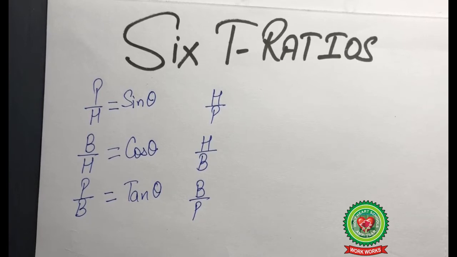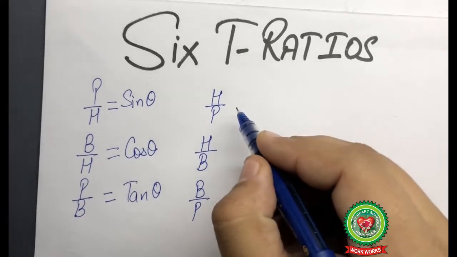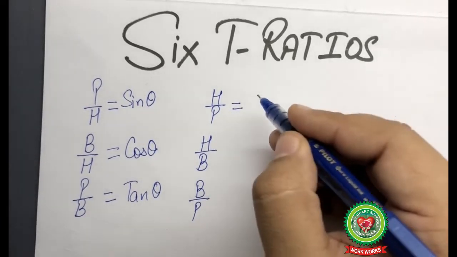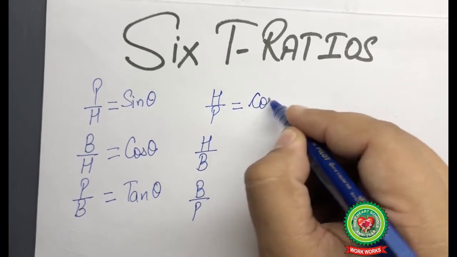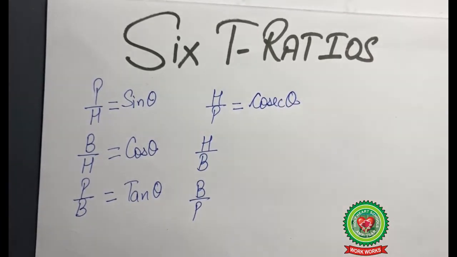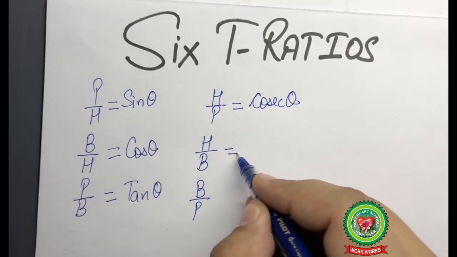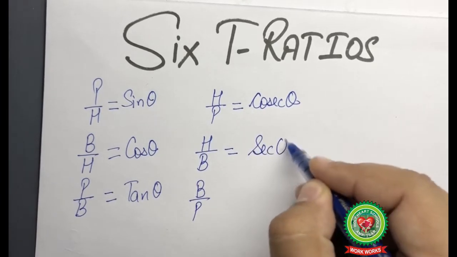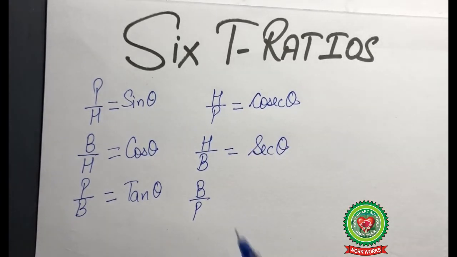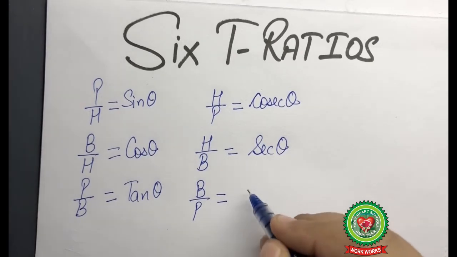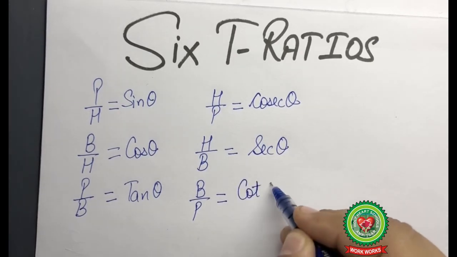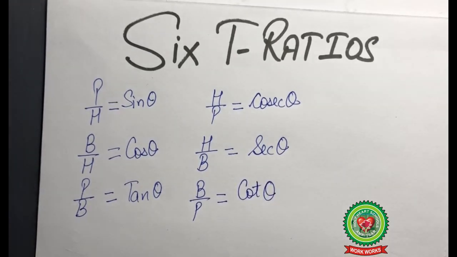And the reciprocals of these ones: H upon P is equal to cosecant theta. H upon B is equal to secant theta. And B upon P is equal to cotangent theta. In short, we write it as cot theta.